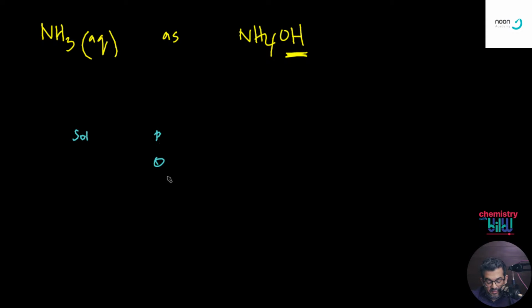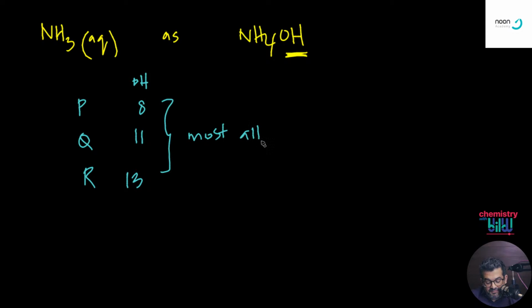Let's say I have solutions P, Q and R, and the pH of P is 8, Q is 11 and R is 13. Which of them in this case is most alkaline, if I ask you guys?